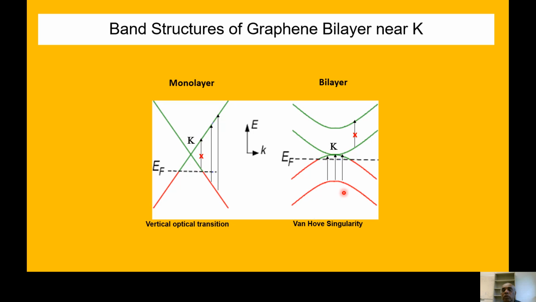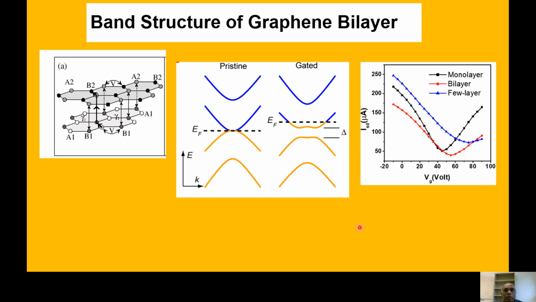Then you can have some transitions coming from this. Then you have the sub bands, right? You can have some transitions coming from these sub bands. We call this a Van Hove singularity. Okay, so you can see what happened.